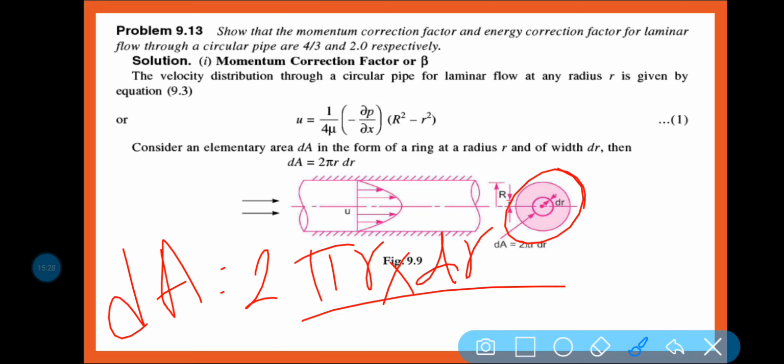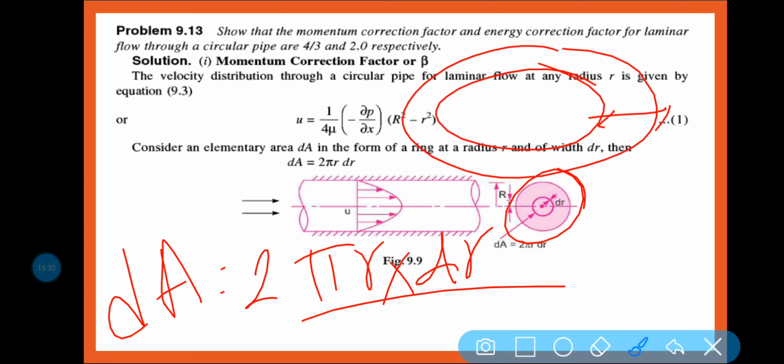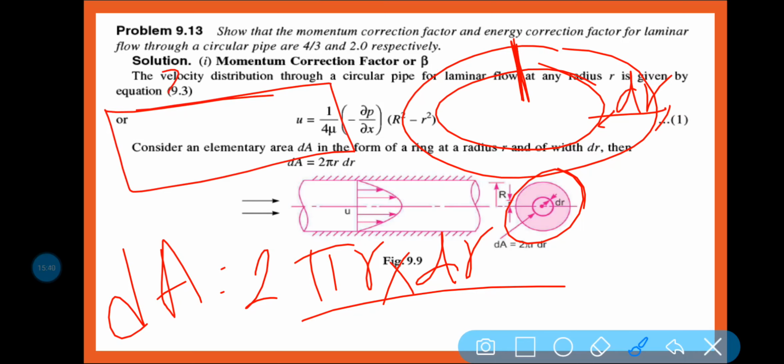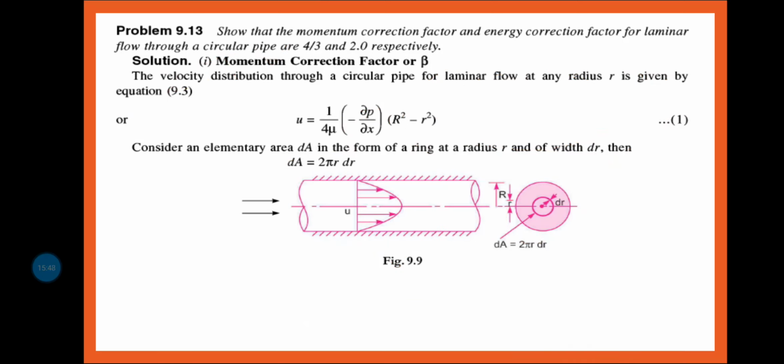Am I right? Let us consider this is your dr, and if I am cutting this portion, you will see it like this, and this total distance is your perimeter 2 pi r, and this one is your dr, isn't it? So that is why it is written 2 pi r dr. That means if I am cutting this strip, we will see it like a rectangle.